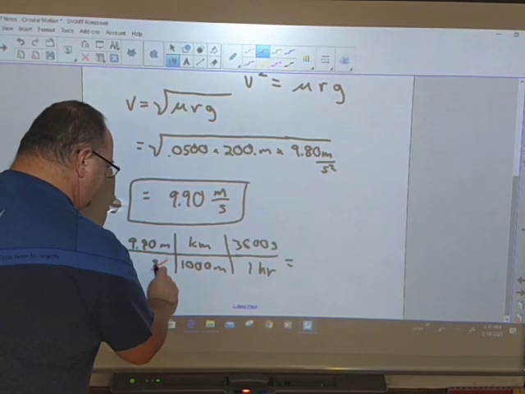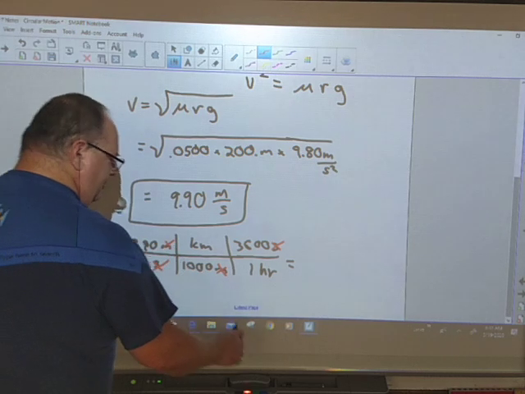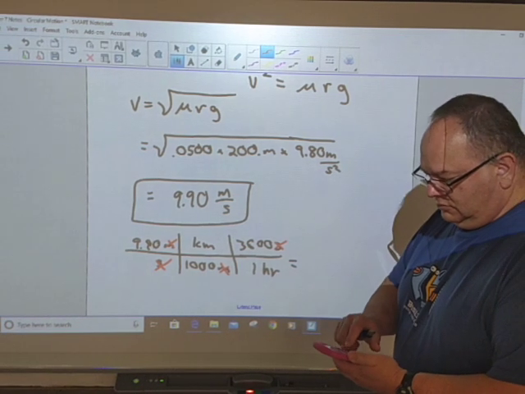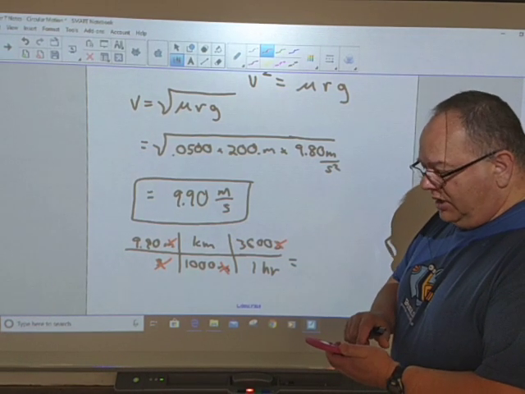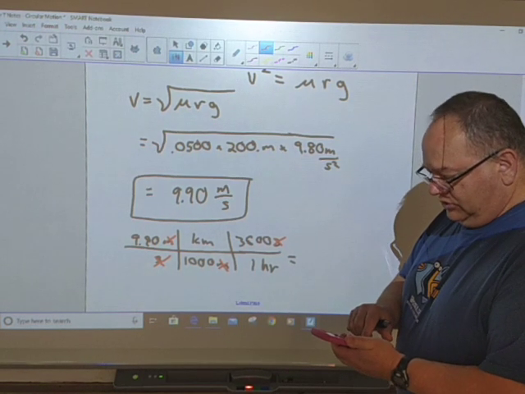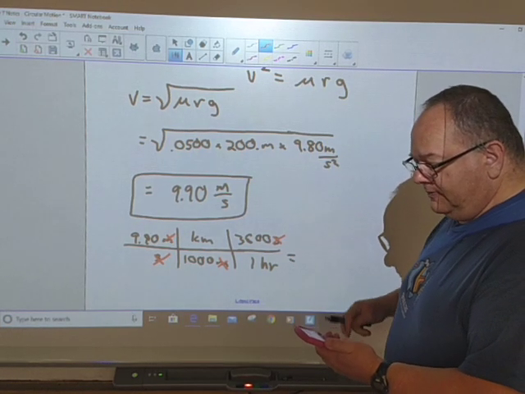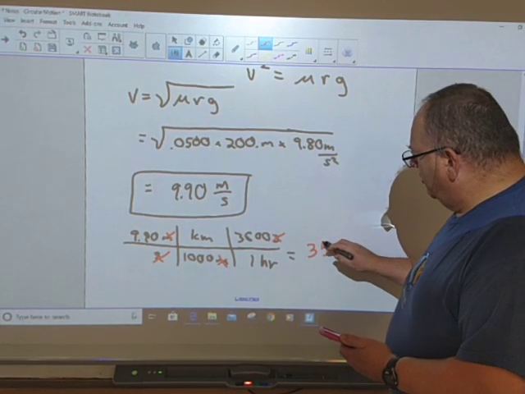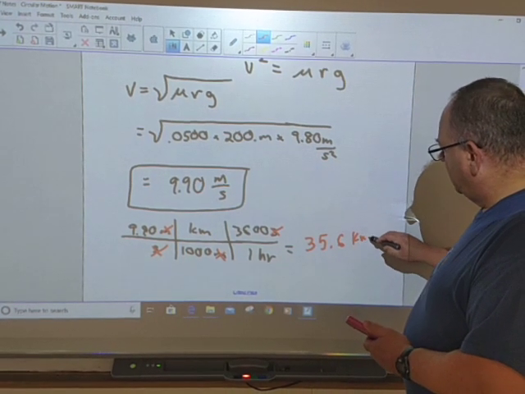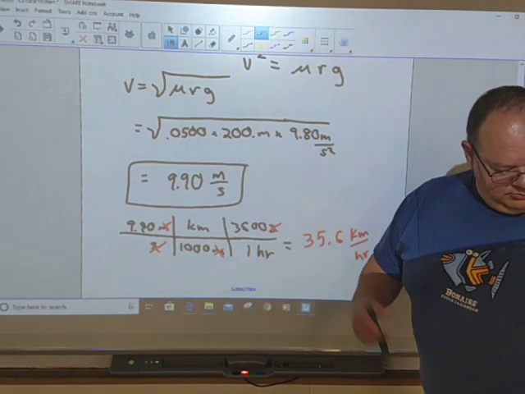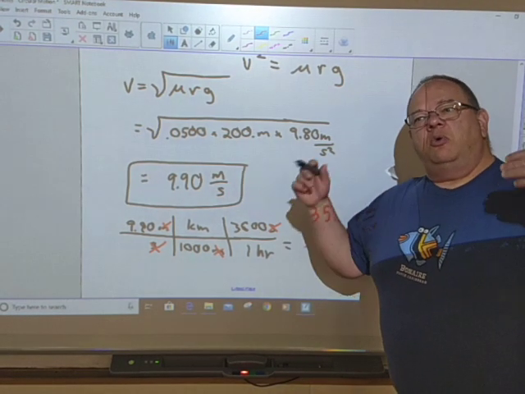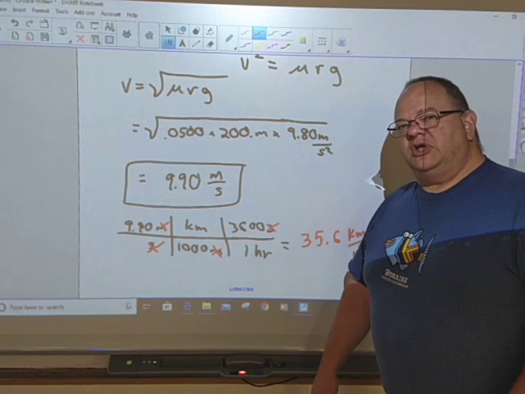So seconds cross off, meters cross off. 9.9 divided by 1,000 times 3,600 equals 35.6 kilometers per hour. I can do a little easier mental math. Yeah, that's about 70% of what we were before. So, gee, we actually have to slow down when the roads get bad.